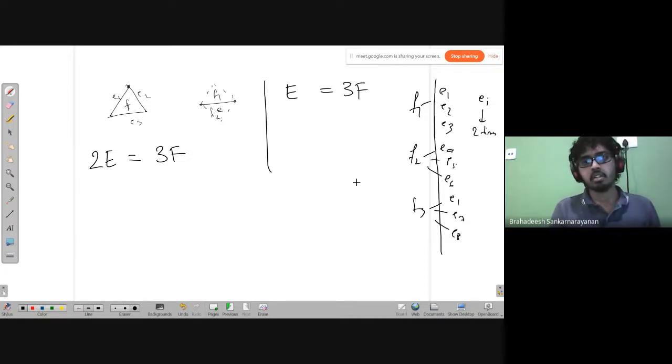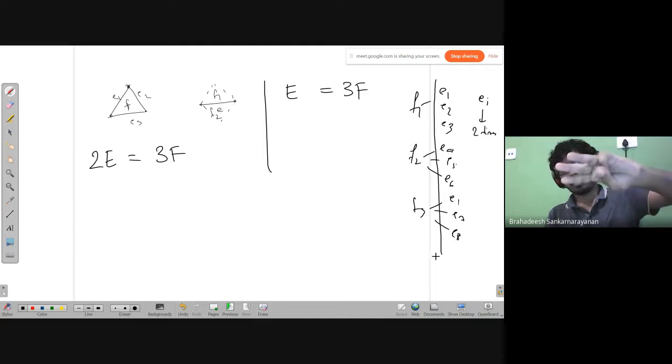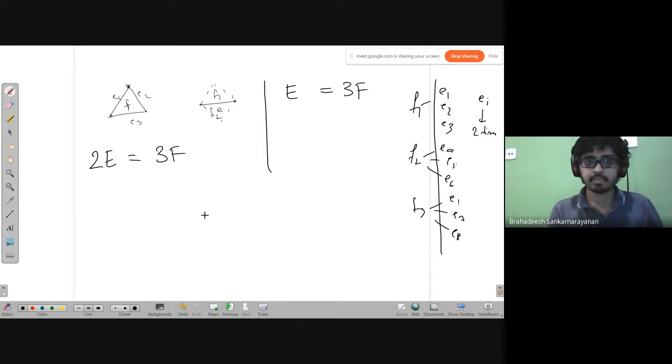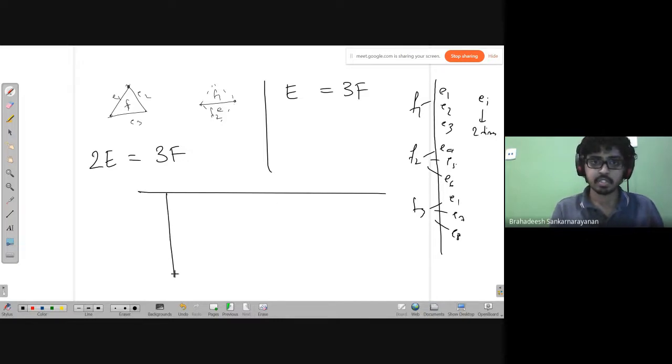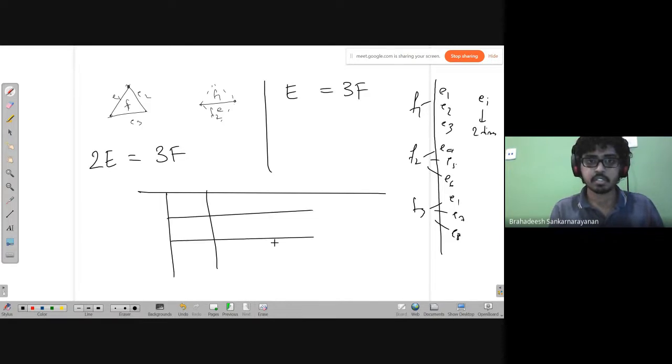So the total count is 3 times F. If this is also not clear, no problem. We'll try doing it like this. Make a list in which for each f1 we list which are the edges which appear there, e1, e2, e3, let's say.